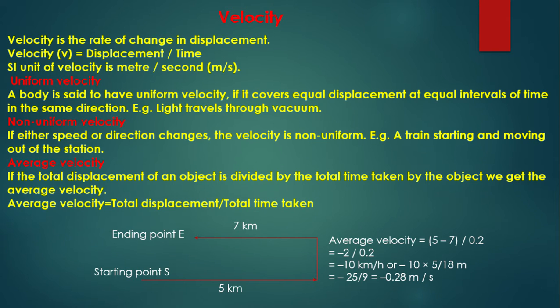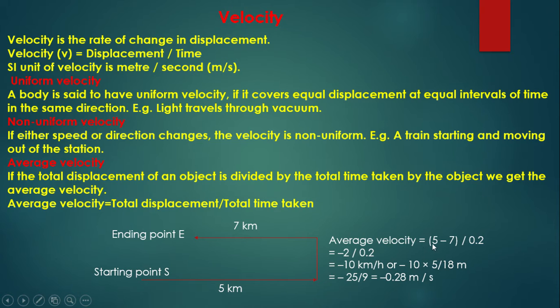Average velocity. If the total displacement of an object is divided by the total time taken by the object, we get the average velocity. Average velocity equals total displacement per total time taken. For example, the object travels 5 km in one direction and 7 km in the opposite direction.